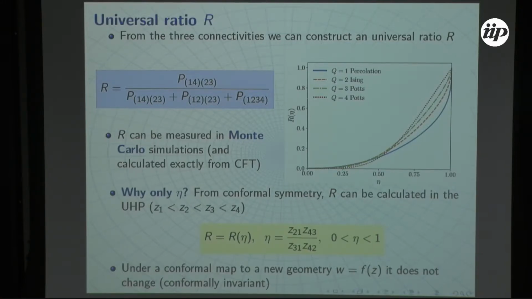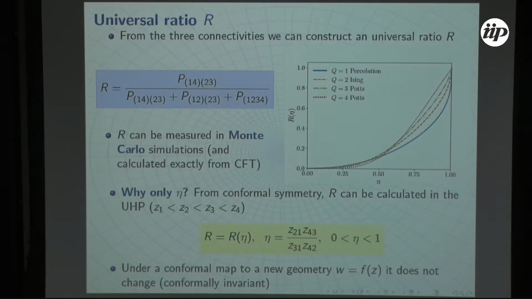And this is what we will do. Simulations are done on a triangular lattice because it's easier. The finite size effects are less pronounced on a triangular lattice. Okay, so this is the final statement essentially.